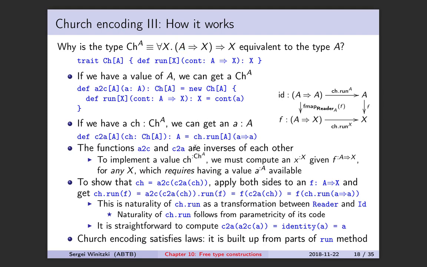So it remains to show that these functions are inverses of each other. So how do we do that? Let's think about how it could be that we have a value of this type. For any x, given this function, we're able to produce a value of x.